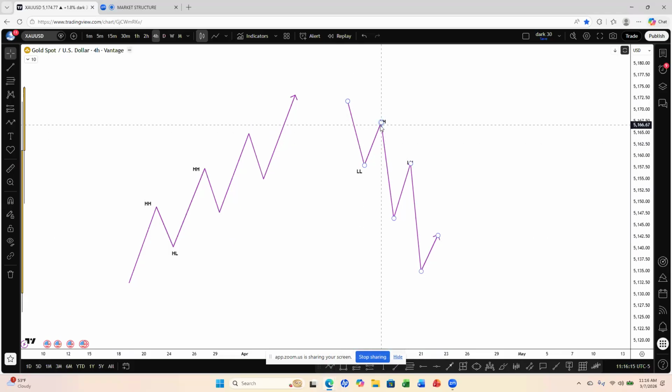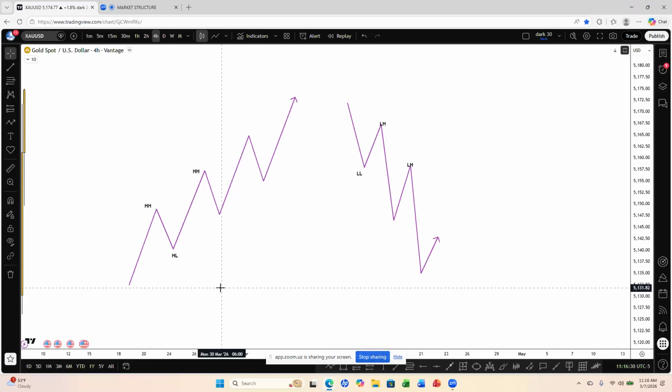Got your lower high, your lower low right here, your lower high. Then this is a lower low also because the lower low is lower than this low. This is a lower high because it's lower than that high. Okay, might sound like foreign language right now, but it's all gonna make sense eventually.